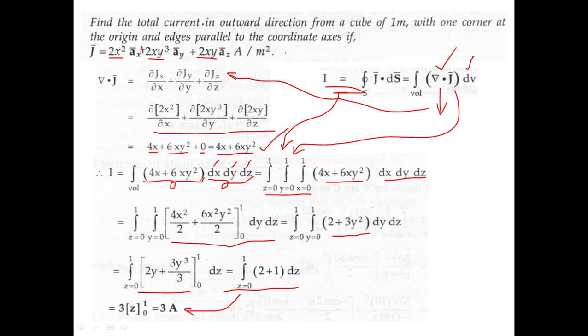If you know these two, and if you know how to solve the integration, you will be able to solve this kind of problems, where j vector is given and you are asked to calculate the current flowing through the surface, right? So this is one kind of the problem. We'll move on to the next problem.